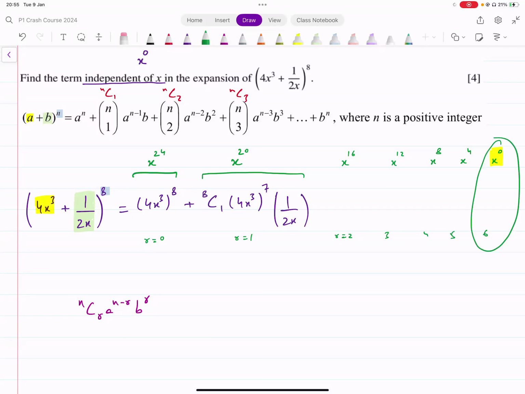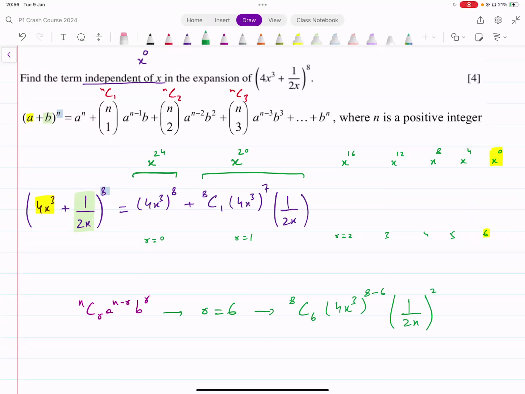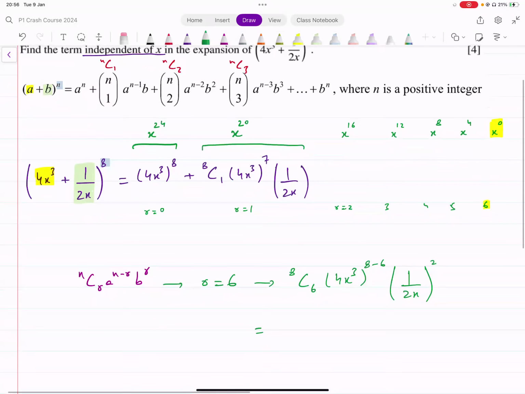So we are looking for the term that has r equal to 6. Just input r equal to 6 here, get 8C6 into a, which is 4x cubed, into 8 minus 6 into 1 over 2x whole raised to power 2, and that will give you the result.